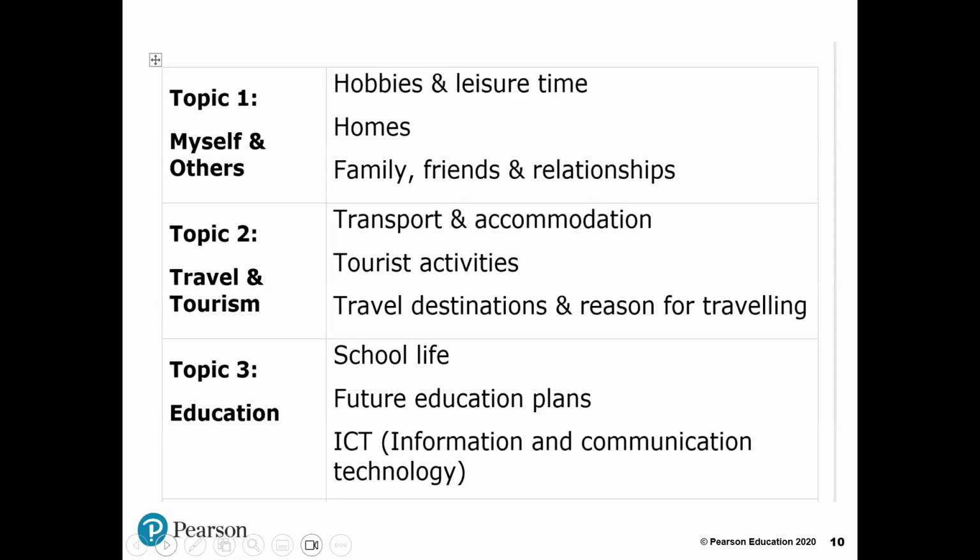Topic 2 is travel and tourism, and that covers transport and accommodation, tourist activities, travel destinations, and reason for traveling. And topic 3 is education. This covers school life, future education plans, and information and communication technology.